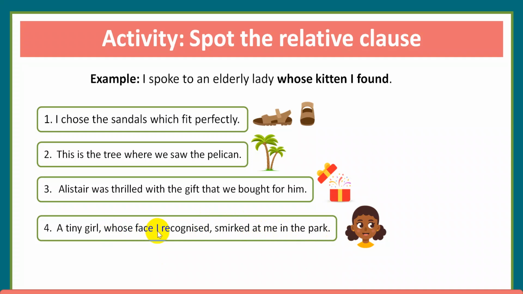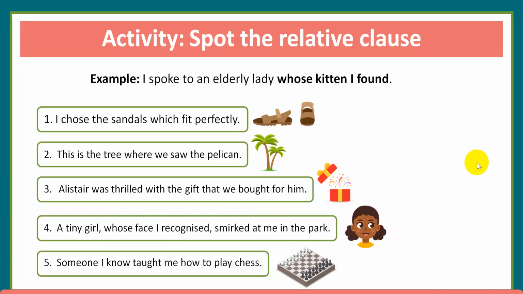"Whose face I recognized" is the relative clause, and "whose" is the relative pronoun. Finally, someone I know taught me how to play chess. Where is the relative clause here? Think about the last sentence and you can write the answer in the comments.